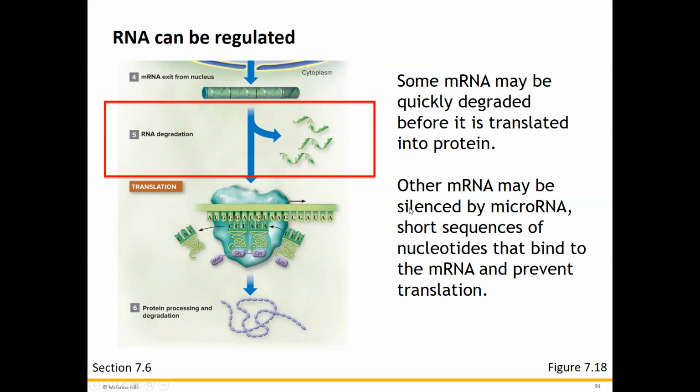And then there are other aspects here, they're talking about these microRNA sequences that are going to bind to messenger RNA, and they prevent translation. So it's almost like an interference of sorts. These microRNA discoveries are fairly recent.